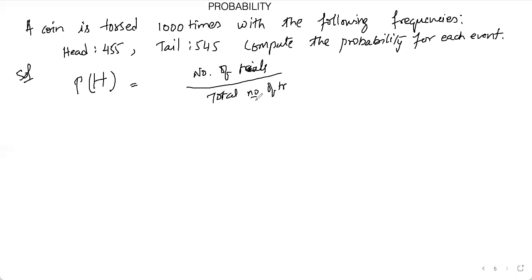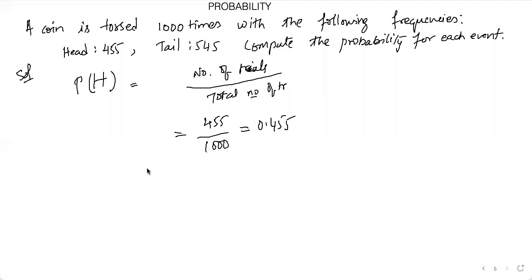So what is the frequency of head and the total number of trials? 455 divided by 1000. So you get this as 0.455.